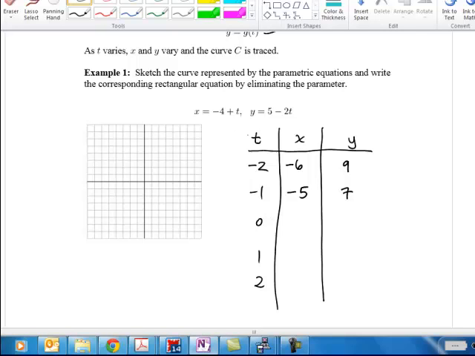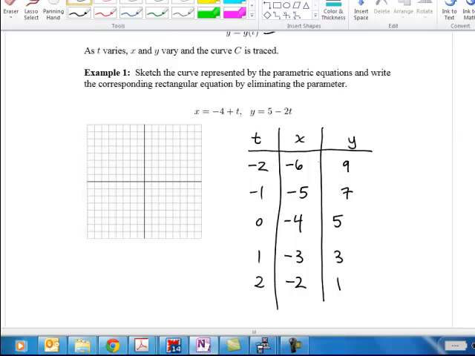And if we throw in t equals 0, we'll have -4 for the x and 5 for the y. And again, we can see x increased by 1 and y decreased by 2. Following that pattern, since t is just increasing by 1 every time here, we should have -3, -2 for the x's, and then 3 and 1 for the y's.